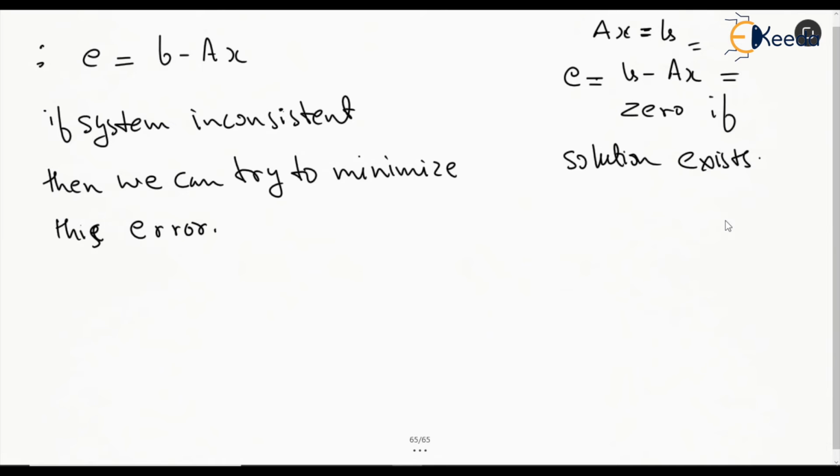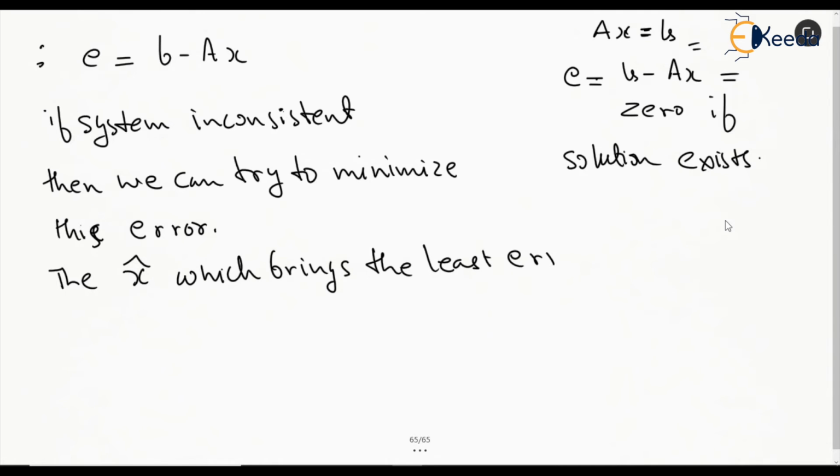So basically the x which brings the least error is the least square solution.